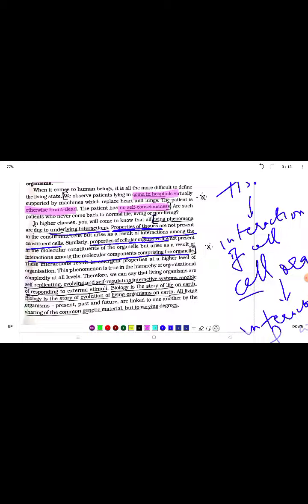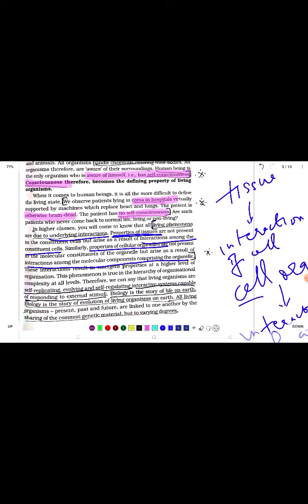So this is the thing that we want to see here, and therefore we can say that living organisms are self-replicating, evolving, and self-regulating interactive systems capable of responding to external stimuli. This is highly important. Self-replicating means reproduction. Consciousness and these are the very important features that the living organism possesses.